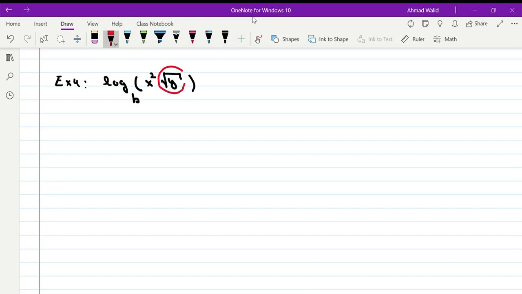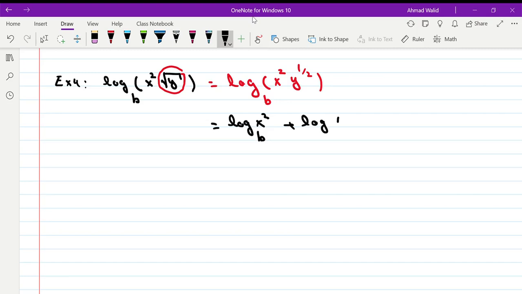I will first rewrite this one in exponential form. Then I will write log of x squared y to the power of 1/2 base b. Now I will apply the product rule. I can write log of x squared base b plus log of y to the power of 1/2 base b.